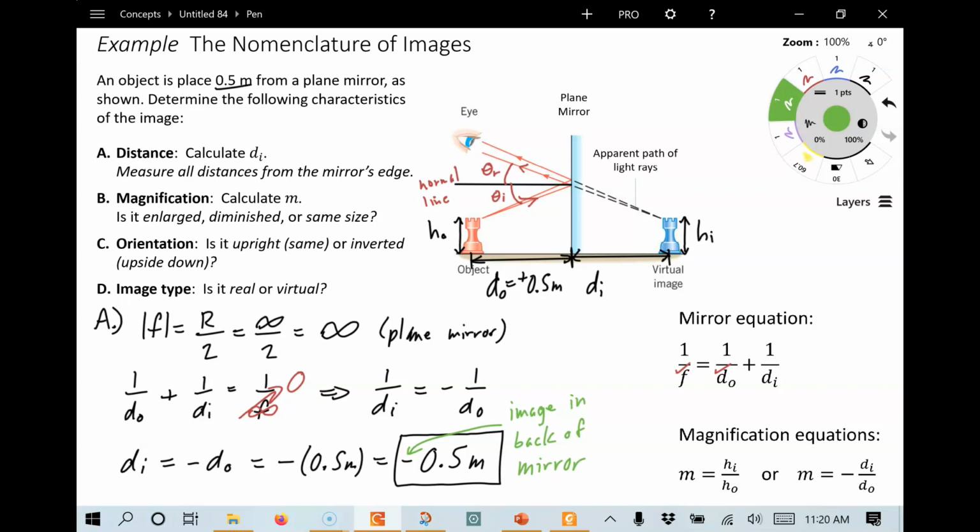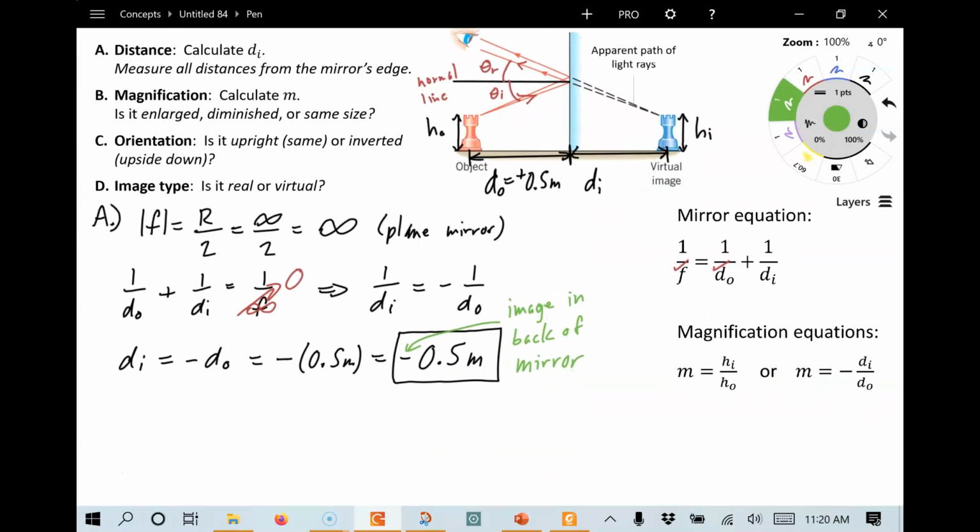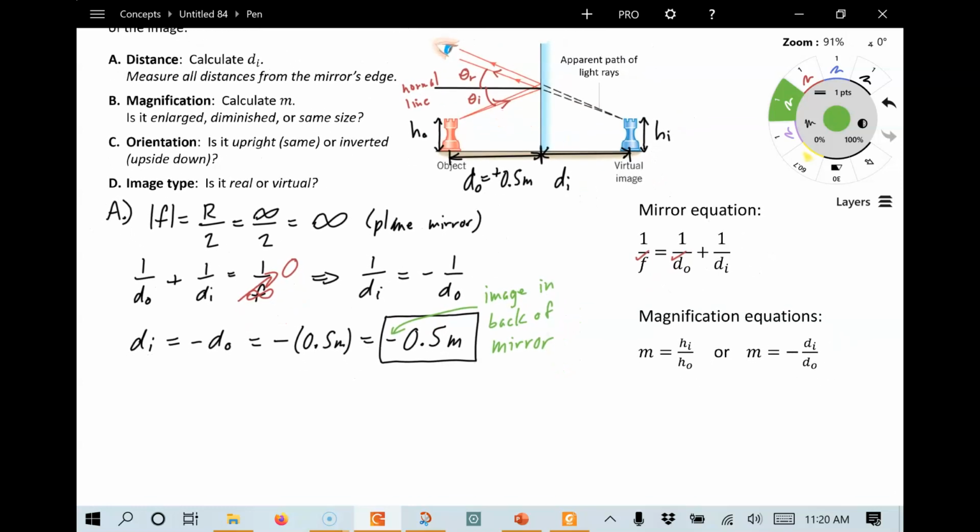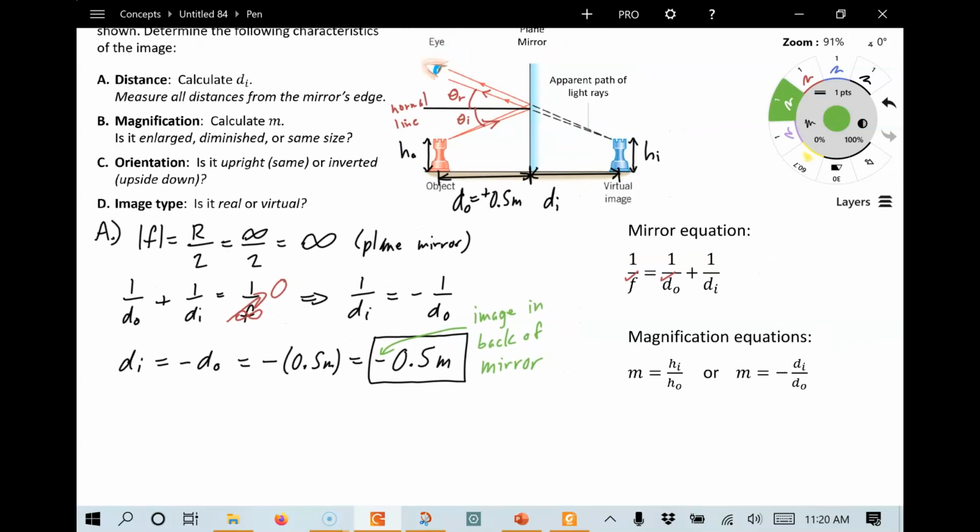All right, let's go into part B here. For part B, we are asked, what's the magnification? Calculate M. We've got 2 ways to do it, but we know DI and DO, so we're going to use this equation: minus DI divided by DO.